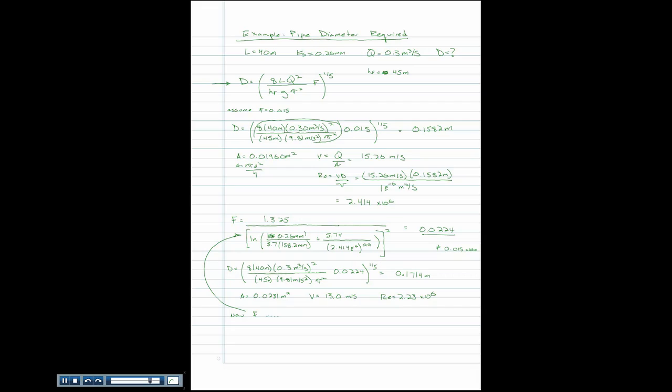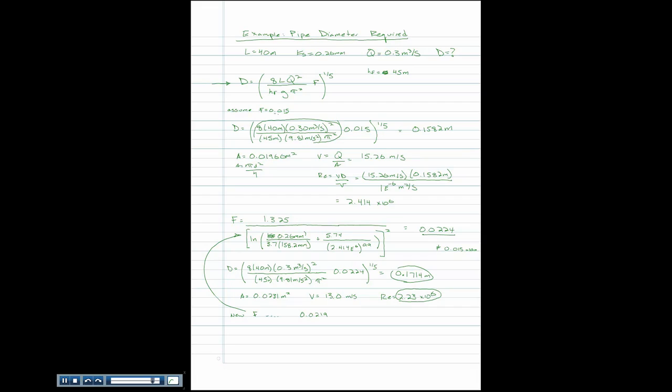The new f value, when I substitute in all of the additionally known parameters, including the new Reynolds number for the new diameter of 0.1714, is 0.0219. So you can see I'm getting pretty close. My first guess was 0.015, and that jumped all the way to 0.0224. This is a much smaller change, a smaller adjustment.